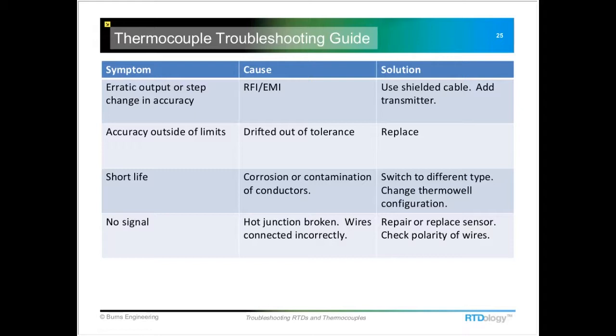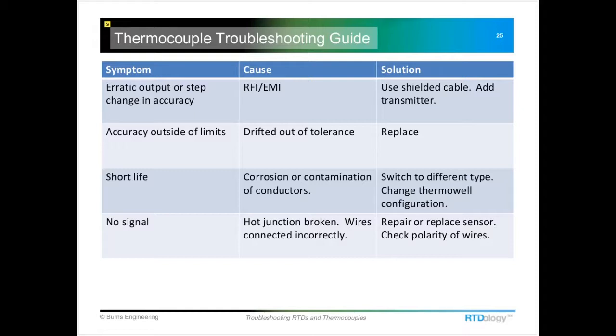Now, thermocouples do drift quite quickly. Usually the higher the temperature that they're used at, the faster they're going to drift. And the fix for that is just to replace it. They're usually not very expensive, and it's really just the best way to do it.